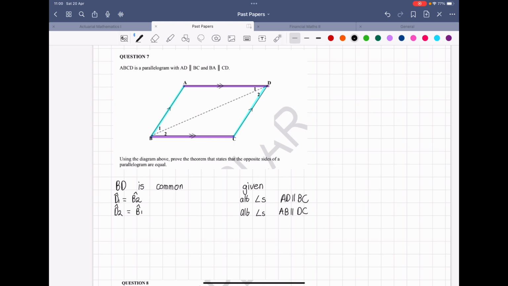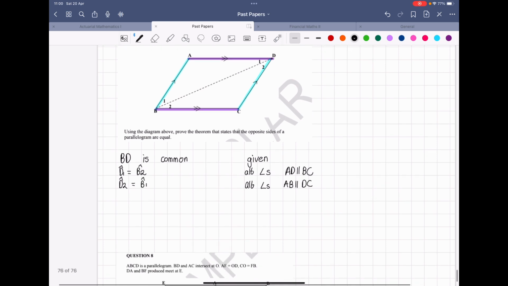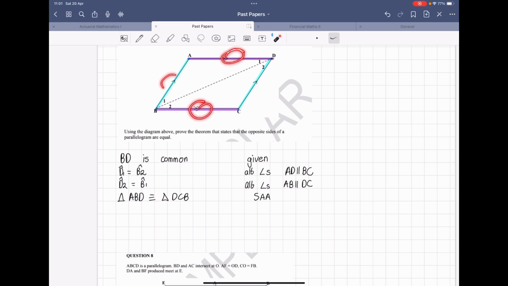Okay, then I can say that the two triangles are congruent. So triangle ABD is congruent to triangle DCB, and that's from side angle angle. Right, then from the congruency, I can say that the sides that I want are equal. So that's going to be this one equal to this one, and this one equal to this one.